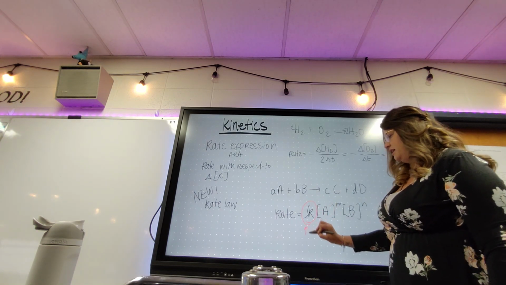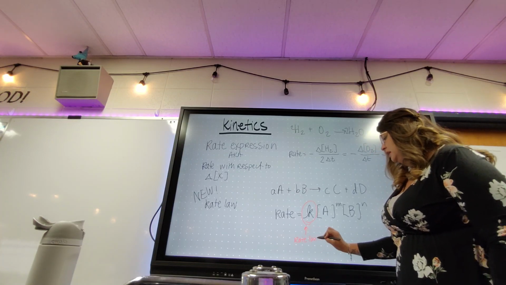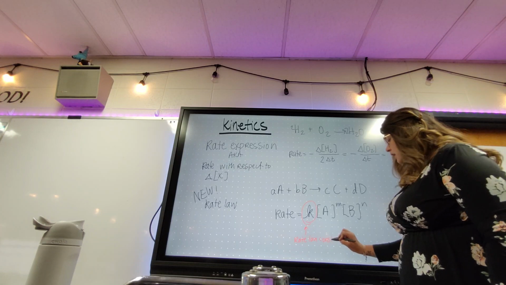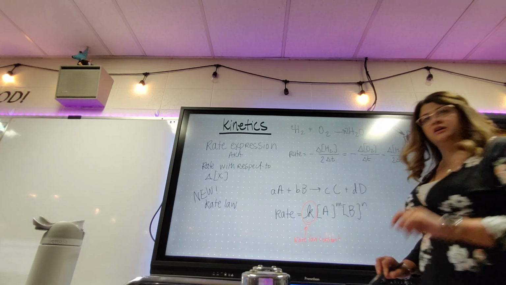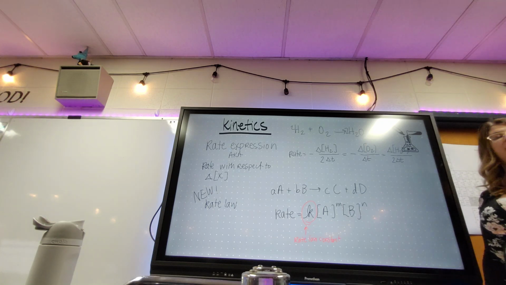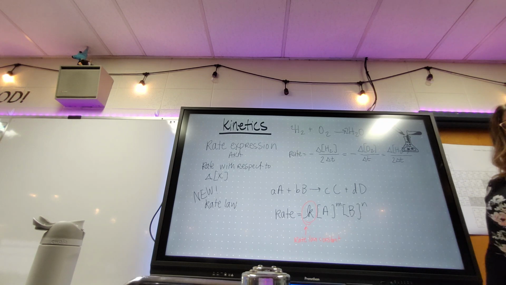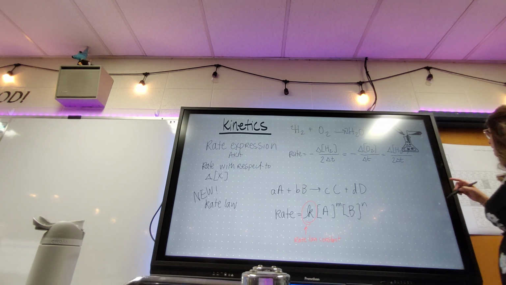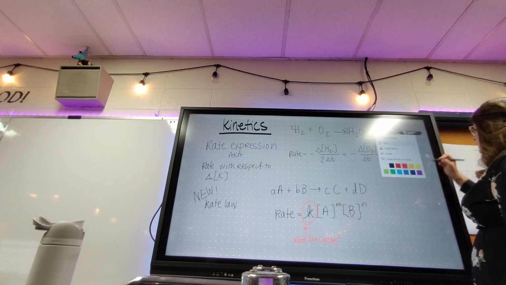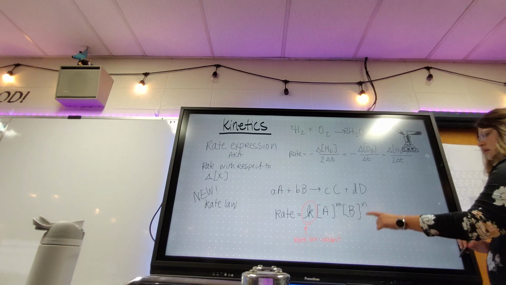Okay, so k is the rate law constant. And just like every other constant, every reaction has its own unique rate law constant. And they have all been already discovered by the old guys whose life work is in the chemistry Bible. But now, let's take a look at what else we have here.